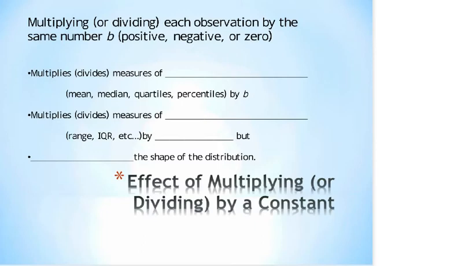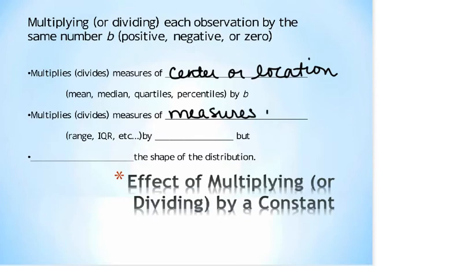Well, multiplying or dividing measures of center and location, again, such as mean, median, quartiles or percents, multiplies them by B, and if we multiply or divide measures of spread, it changes them by the absolute value of B, because we're not going to have any negative numbers.